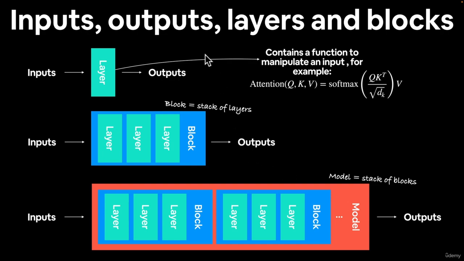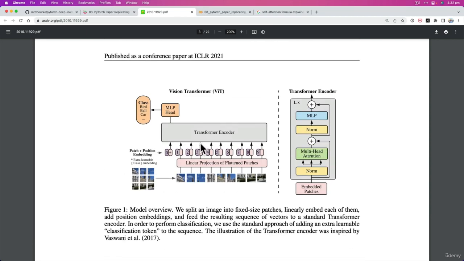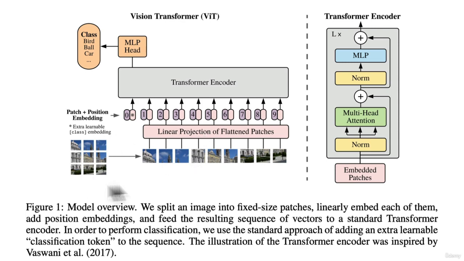So even though we've got quite a task in front of us, as 22 pages of research code, the same premise remains. We have some sort of input, we have some sort of layers and block combination, and then we have some sort of output here. This is a block. We've got L times X. Then we stack a number of blocks on top of each other into this section here, and we have an overall model.